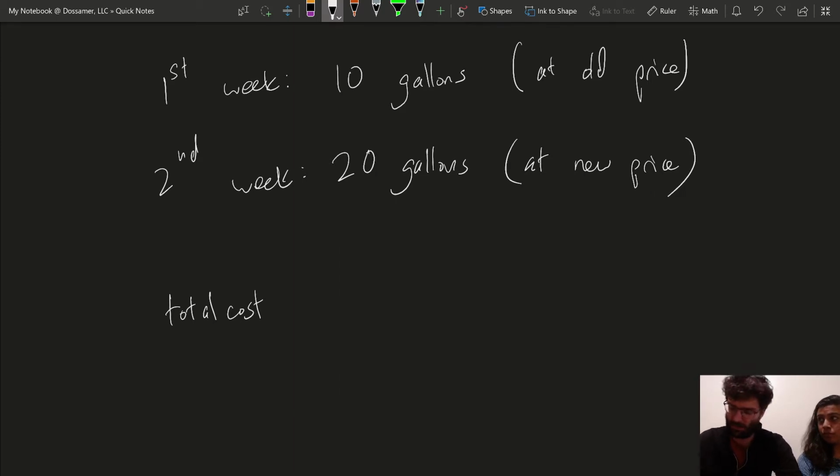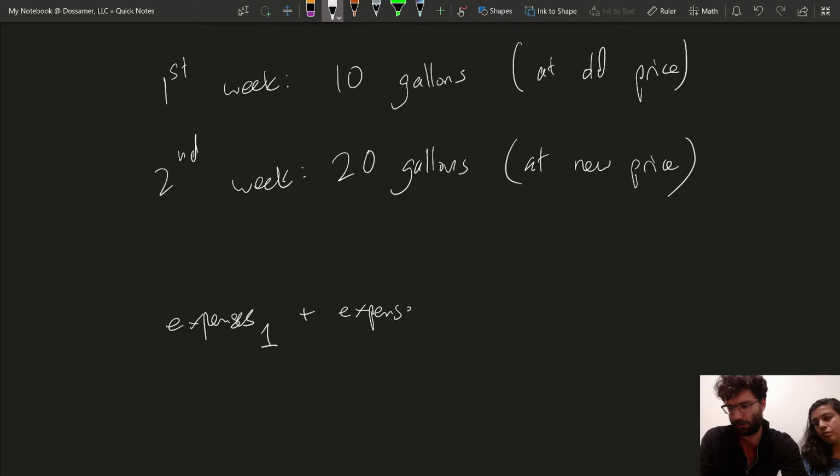So maybe that's a more helpful word. So the expenses for week 1, I'm going to do a subscript for week 1, and the expenses for week 2, total $61 altogether.